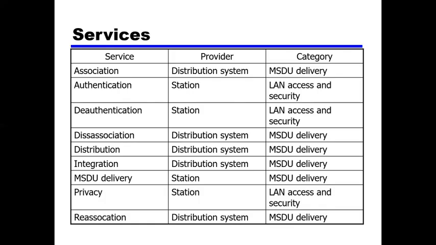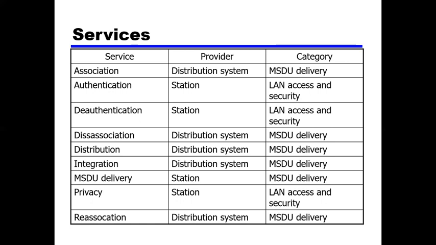Now let us consider the services provided and category. Association with distributed system. The category is MSDU delivery, authentication, station, LAN access, and security. Then distribution has MSDU delivery. Integration again has MSDU delivery.